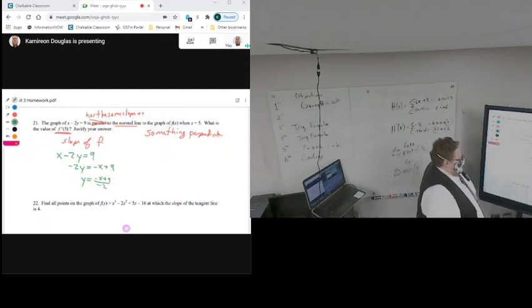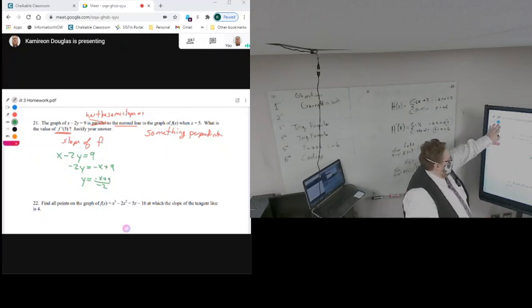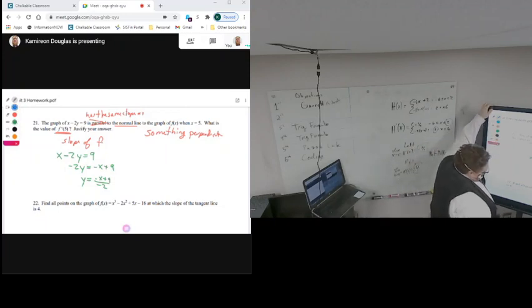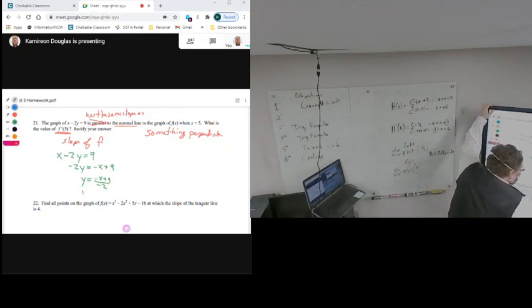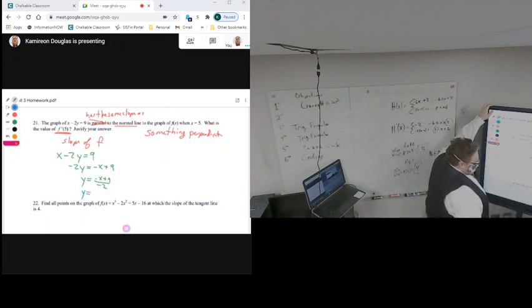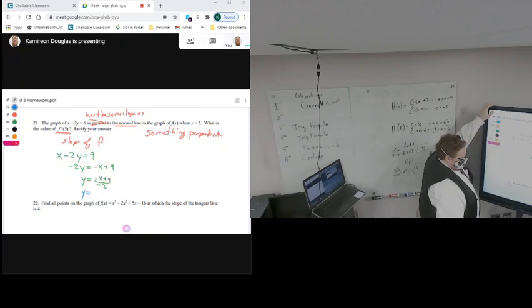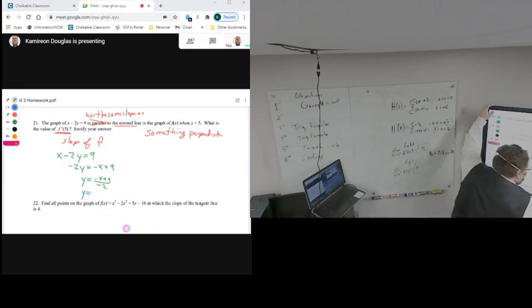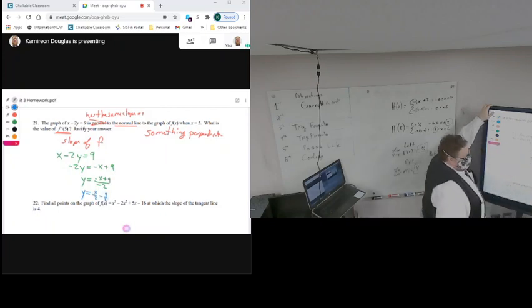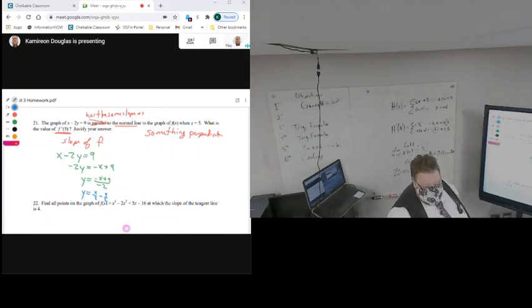You probably don't want it in that form. So what form would you want it in? Y equals 9 minus x, over negative 2. So this would be okay. Even so, that's not great, because if I ask you what the slope is, I have to think.